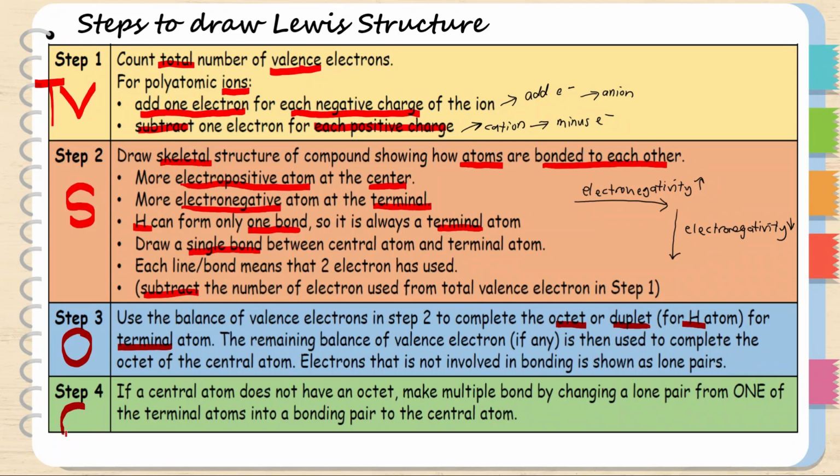Next, the final step is C. What is meant by C? C means check. What do we have to check? The first thing you need to check is whether there are any remaining valence electrons.